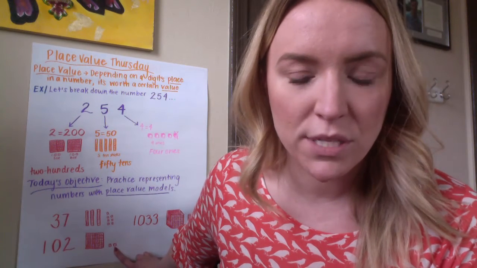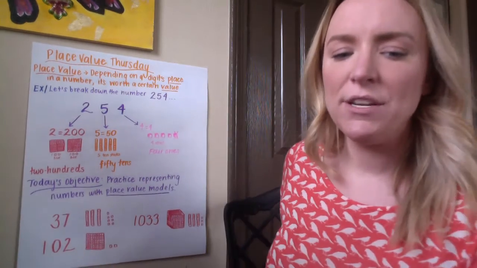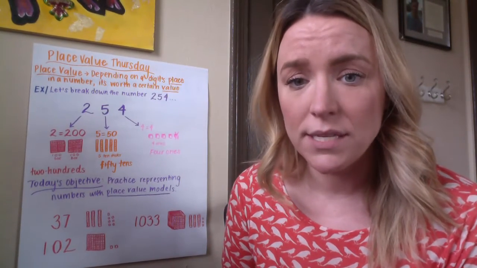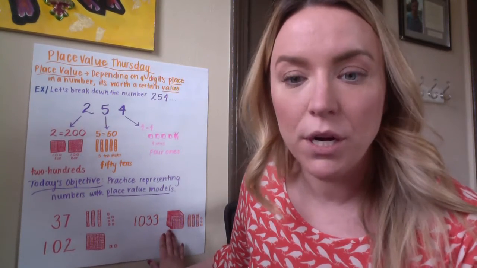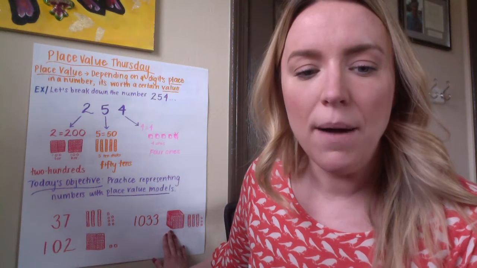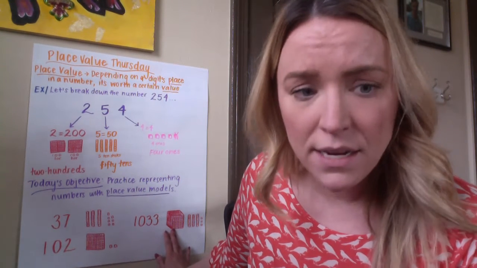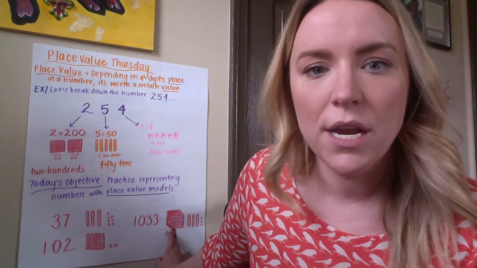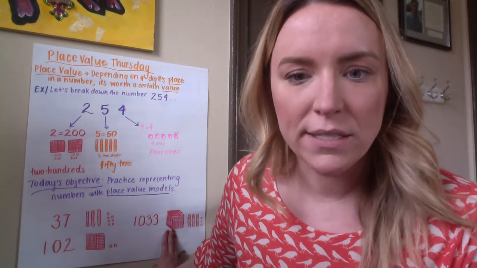And then finally, I don't actually think you will come across 1,000 blocks in your work today, but just in case, we represent the number 1,000 with our place value models with a 1,000 cube. This is basically 10 of these 100 boxes stuck together, or 100 of the 10 sticks stuck together. Either way, it's going to equal 1,000.